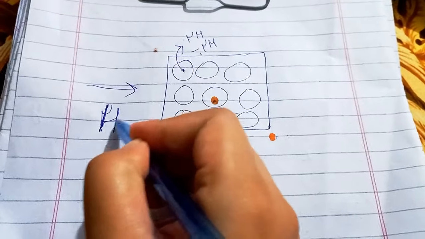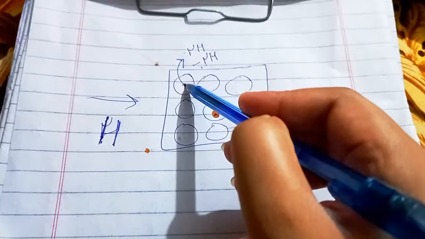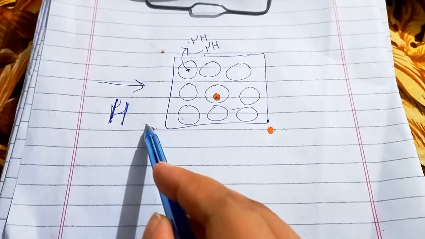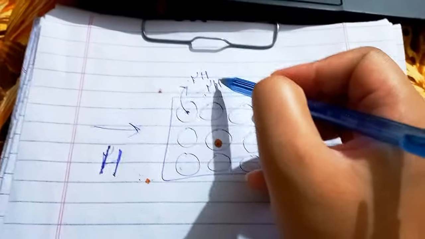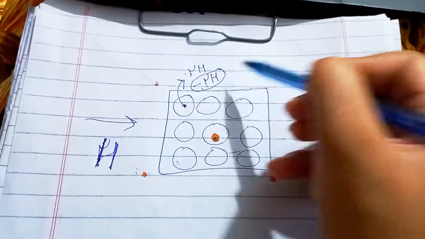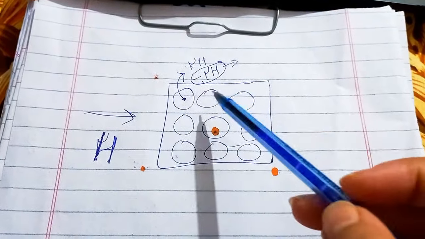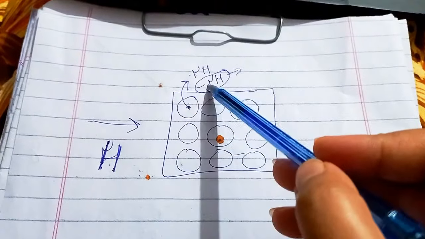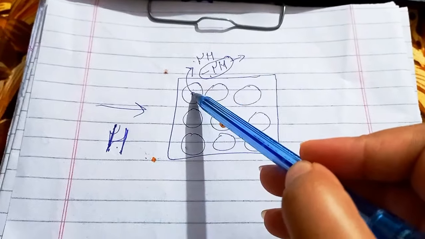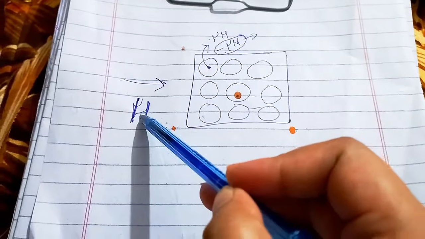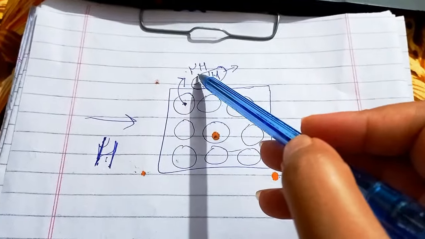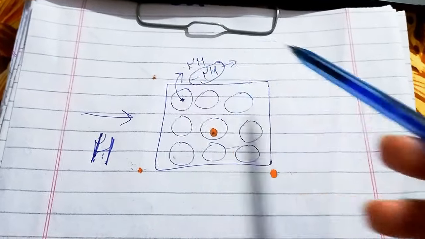If the spin of the atom aligns with the direction of the applied magnetic field, then the atom energy would be minus mu h. If the spin is parallel to the applied magnetic field, then the atom will have minus mu h energy. If the spin is anti-parallel to the direction of the applied magnetic field, then the energy of an atom would be plus mu h.